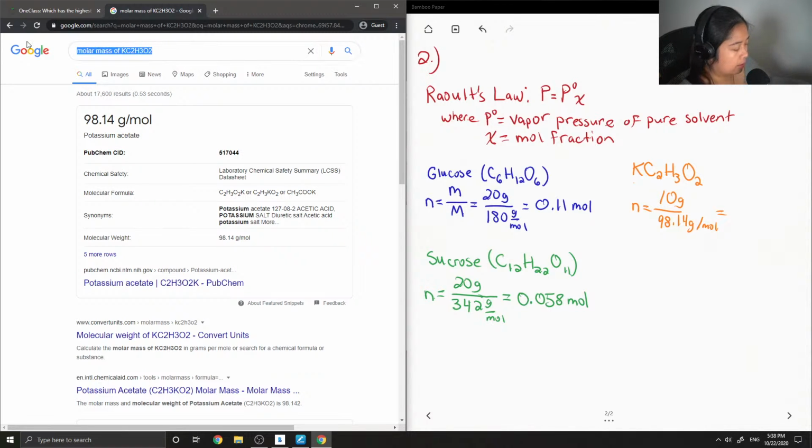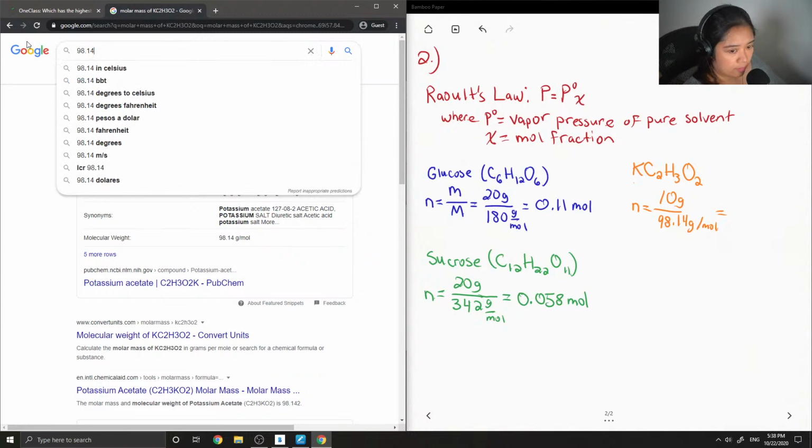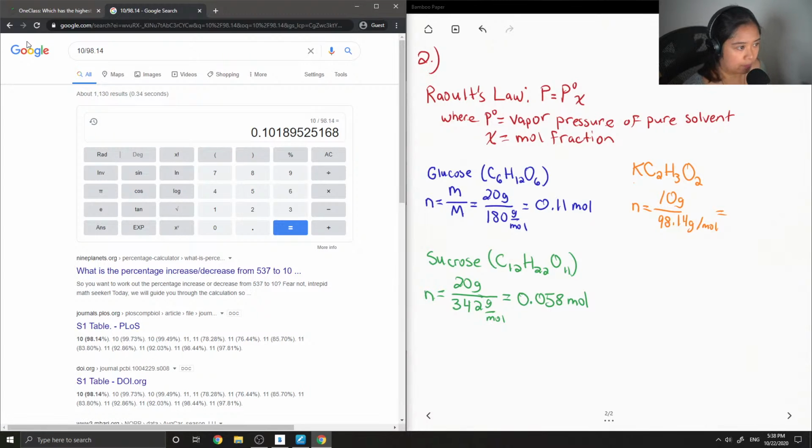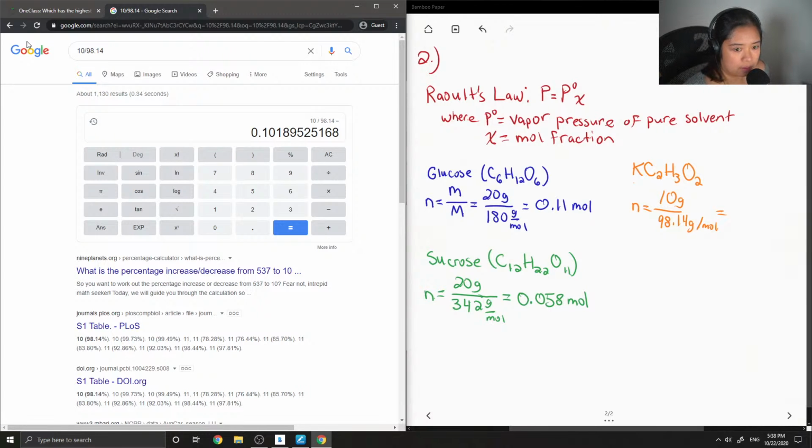Then to calculate for the moles, it's going to be 10 divided by 98.14, and you get 0.10 moles.